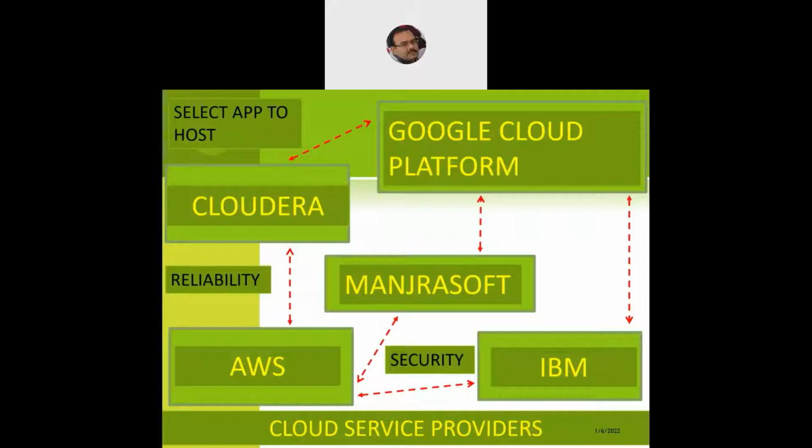Then select the app to host. You have to identify which app you want to host on which cloud service provider, and whether that cloud service provider supports that particular app. Nowadays we have seen Android apps almost work across all smartphones, but when you have designed your app in Flutter specifically for Apple iOS, then it will only run on Apple smartphones.